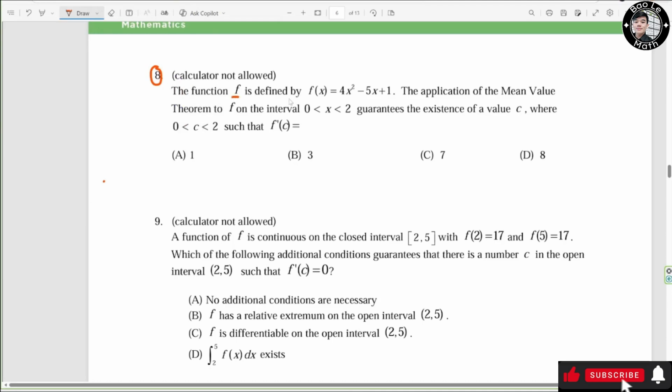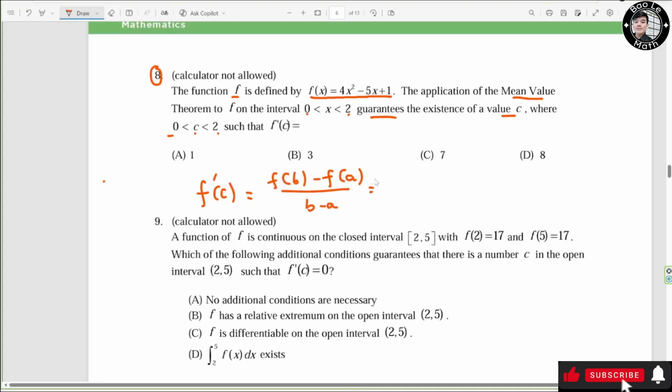The function f is defined by f(s) equals 4s squared minus 5s plus 1. The application of the mean value theorem to the function f on the interval 0 to 2 guarantees the existence of the value of c, where c between 0 and 2 such that f prime of c equals, alright, so we have the formula f prime of c equals f of b minus f of a over b minus a, right?